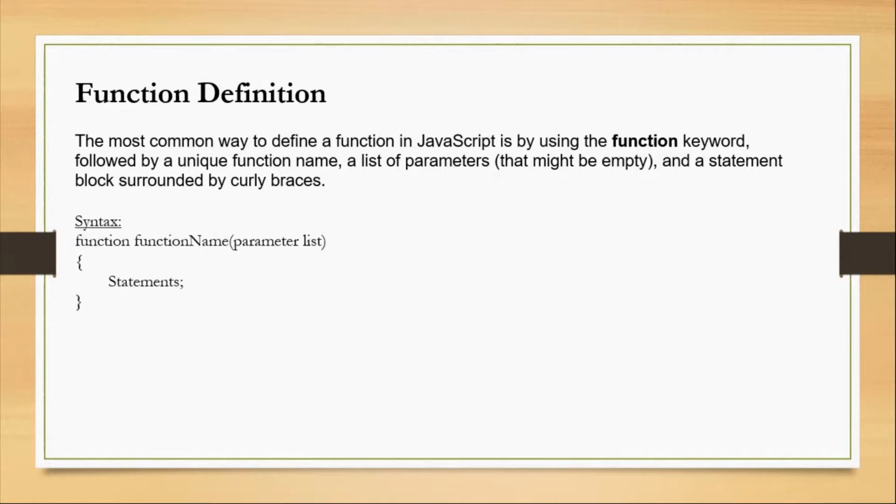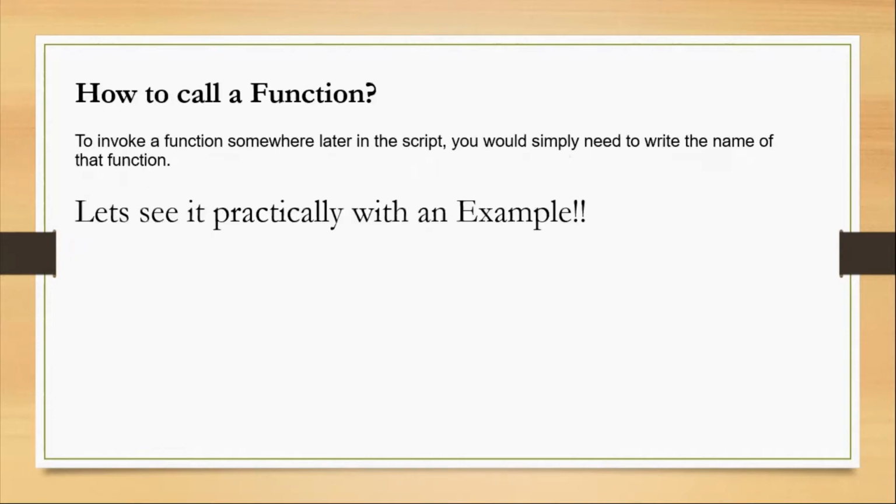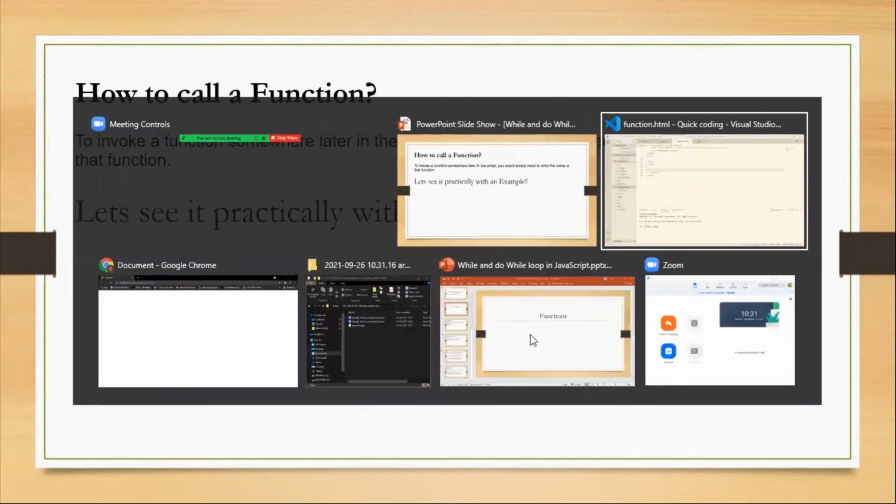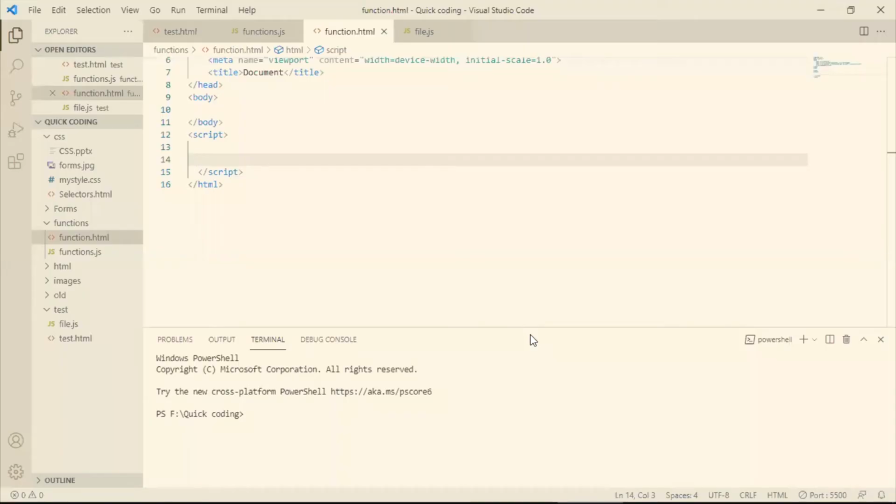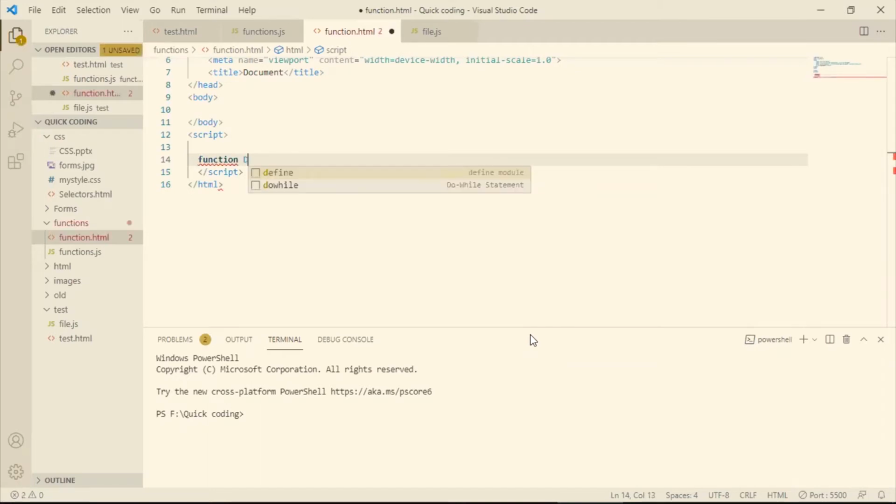As I told you, instead of writing the code again and again, we can call a function. So how do we define and call a function in practice? Let's see it quickly. Here is my Visual Studio Code, and here is a script tag. I'm going to define a function. For defining a function, I'll use the keyword function and give it a name, for example, display.